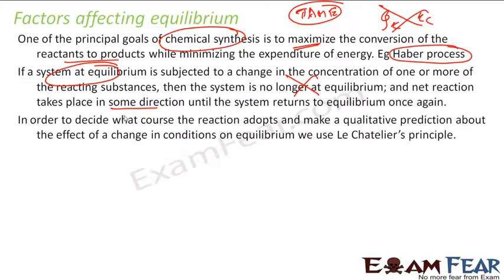So in order to decide what course the reaction takes, if the system is in equilibrium and you disturb it, what will happen to the system, which direction it will flow, how it will flow, there is a principle given by Le Chatelier. Le Chatelier gave a principle called Le Chatelier's principle, and this principle is helpful in understanding how a system will behave if one of the parameters is changed, among pressure, volume, temperature, concentration.